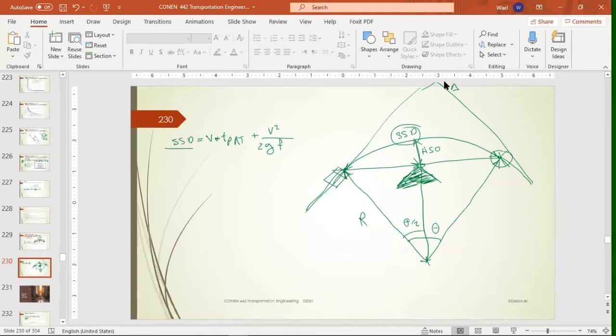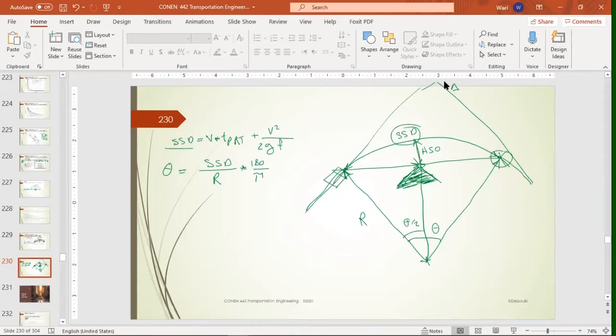Then we calculate theta. Theta equals the stopping side distance divided by R. And theta is going to be in radians this way, so we have to convert it to degrees by multiplying by 180 divided by pi.